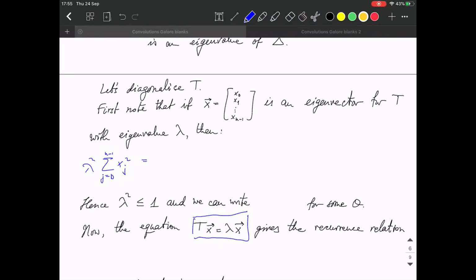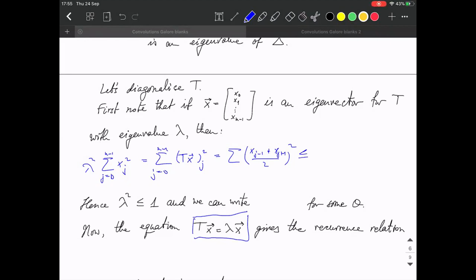Now, because x is an eigenvector, that's the same as the norm of Tx, and you can expand this, where again the indices are read modulo n.